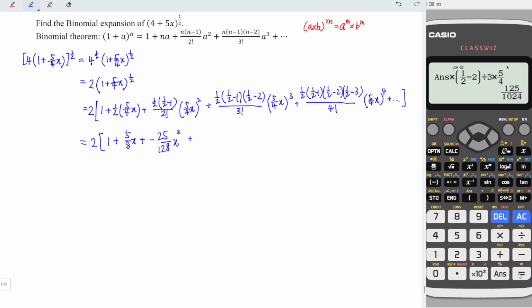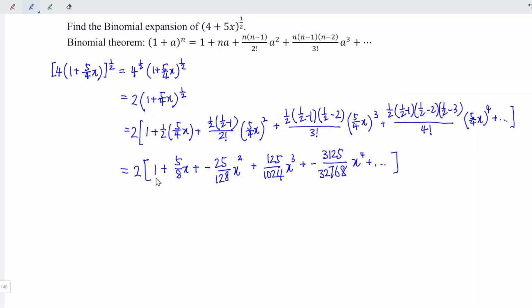So press equal, we should obtain the correct value: 125 divided by 1024 x to the power of 3. And next, the fifth term, so we have minus 3, and we divide 4. So this is equal to negative 3,125 divided by 32,768 x to the power 4 and so on.